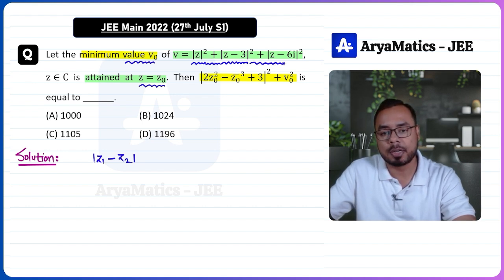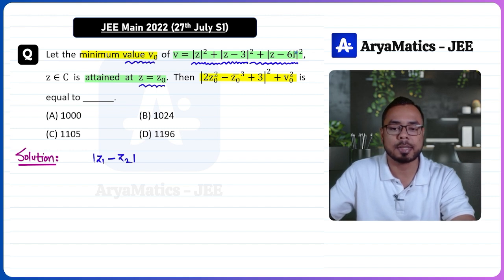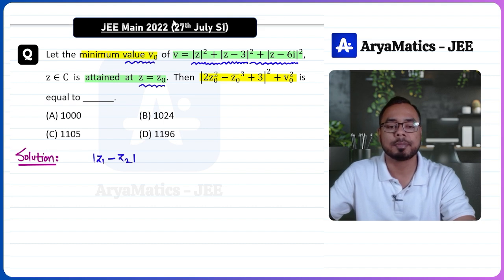Similarly, the third term |z − 6i| is the distance of point z from the point (0, 6), since 6i is represented by (0, 6) on the y-axis.